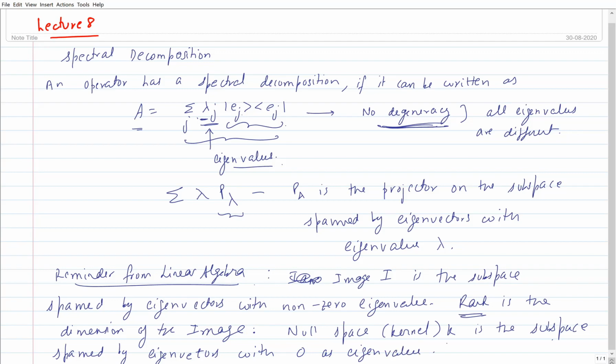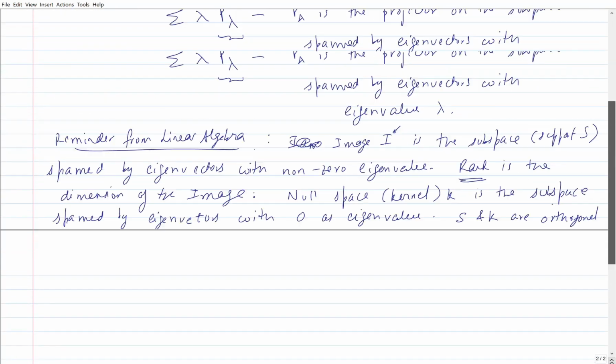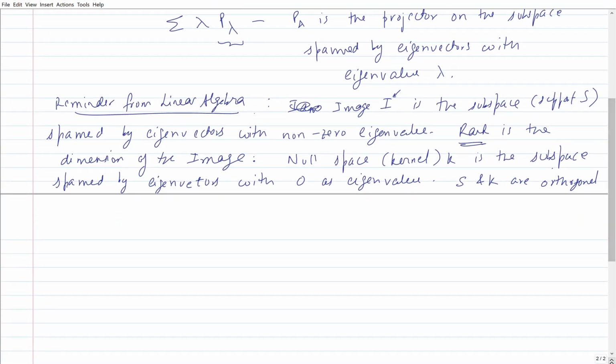And I'll also call the image the support. This is also called the support, and S, the support and the kernel K are orthogonal. So this is just linear algebra, not very important at this point of time, but I would encourage you guys to go back and revise these concepts.